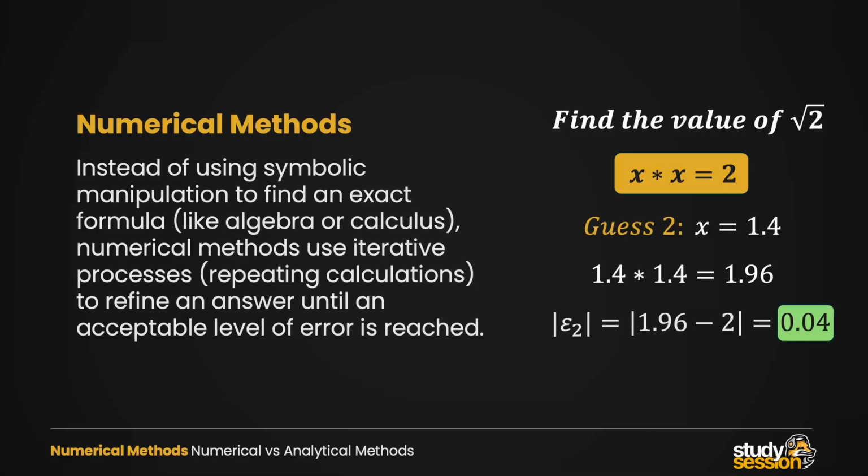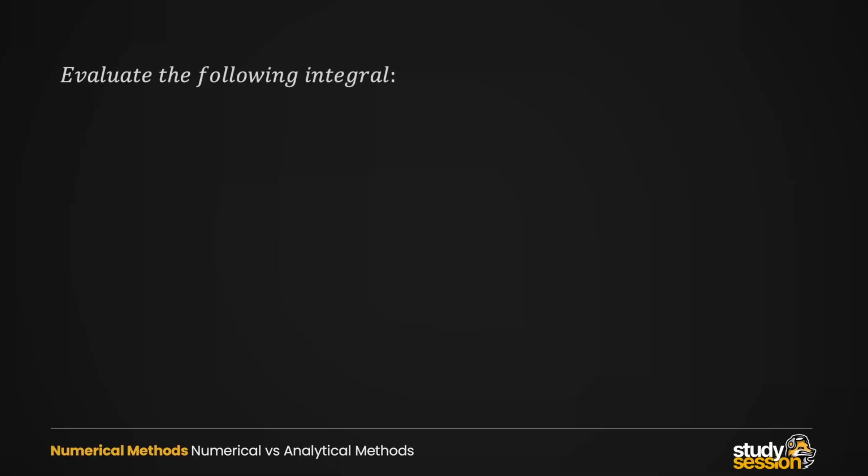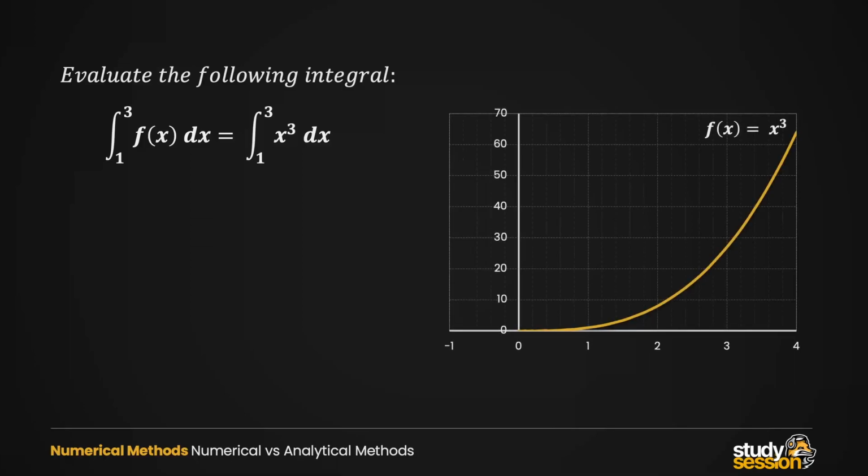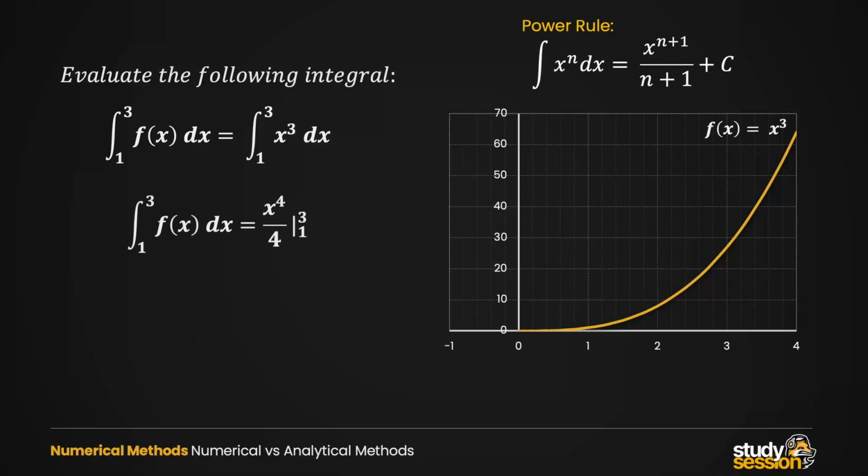Let's look at some proper examples now, beginning with analytical method examples. Suppose we want to find the area under the curve of x cubed, from x equals 1 to x equals 3. In an analytical approach, we use the power rule. We know that the antiderivative of x cubed is x to the 4th over 4.